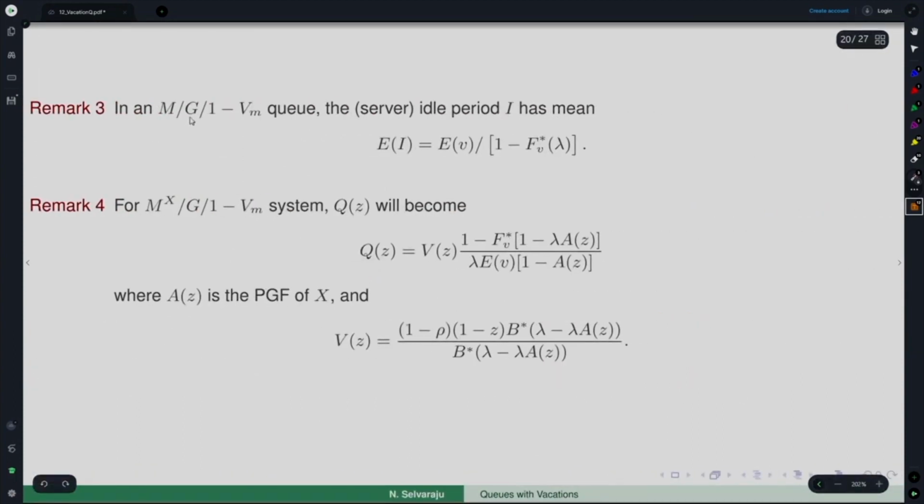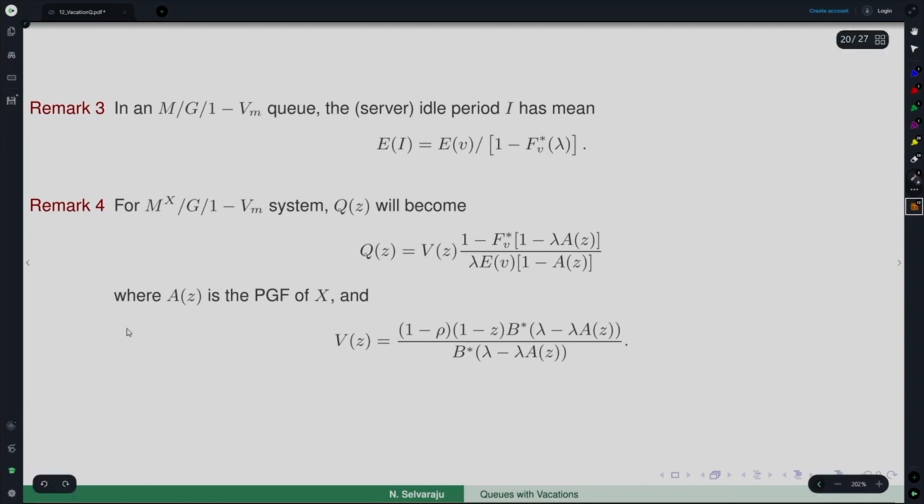Now, in the case of the M/G/1 multiple vacation queue, using our earlier idea about the server idle period, you can easily see that the expectation of I is simply this quantity, the expected vacation duration divided by the probability of at least one arrival during that vacation period.